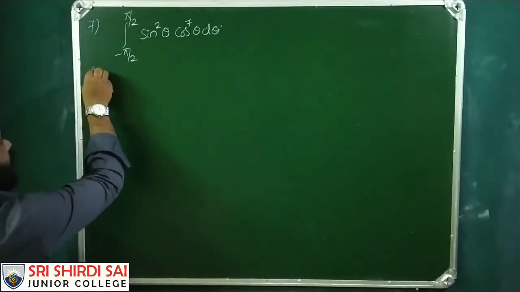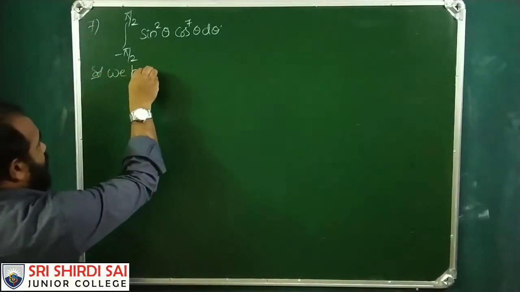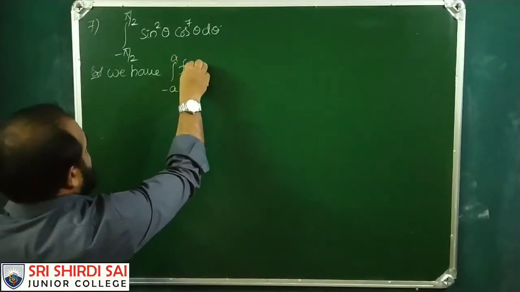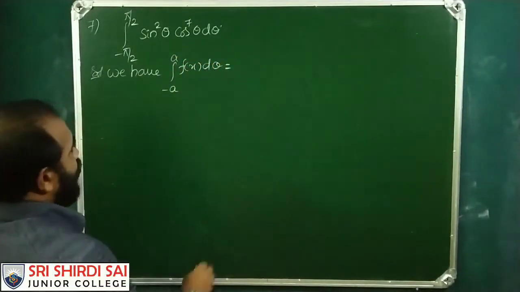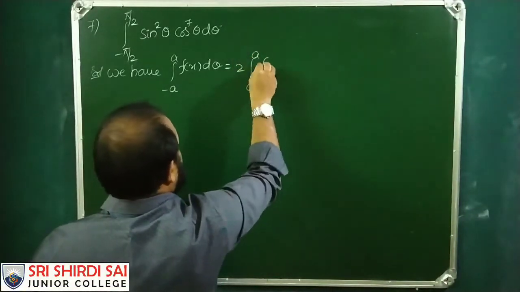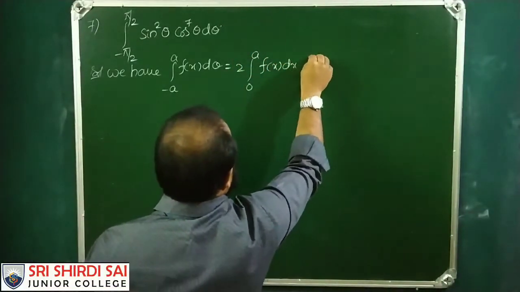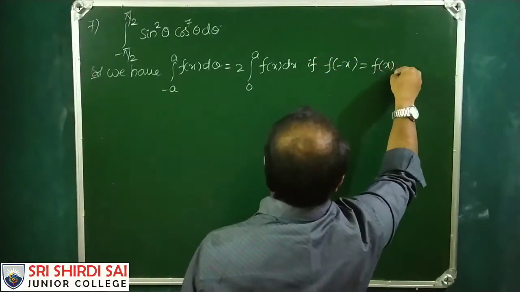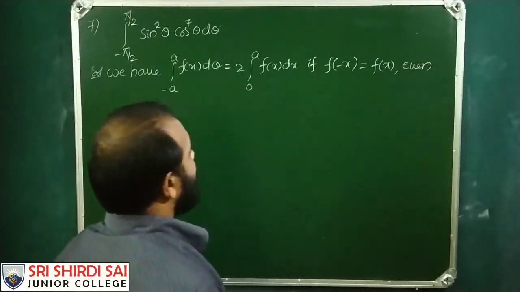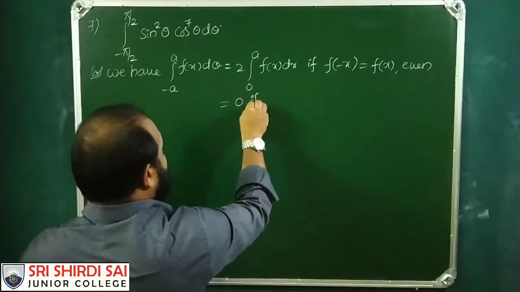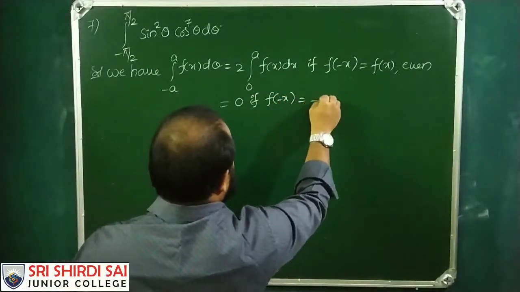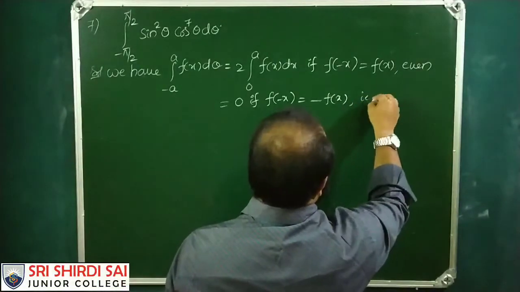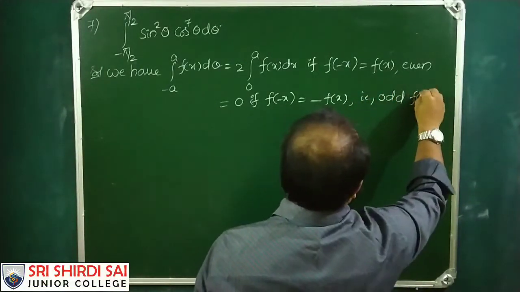So we have integral from minus a to a of f of x dx is equal to 2 times integral 0 to a of f of x dx if f of minus x is equal to f of x, that is, an even function, and is equal to 0 if f of minus x is equal to minus f of x, that is, an odd function.